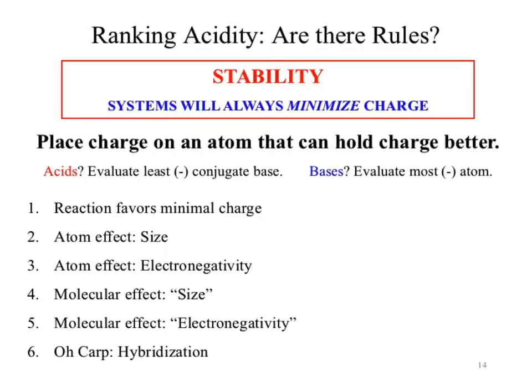What is the definition of a base? An electron donor. Do I want the negative charge in my structure to be more negative or less negative? More negative, because what does the base need to do? Donate electrons. If it is less negative, it can't act as a base because it doesn't have electrons.